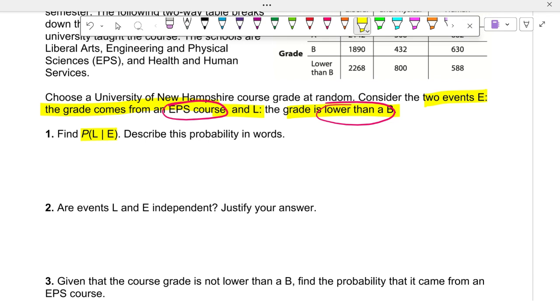So we know for a fact that they took an engineering and physical science course. So what's the probability that they got a grade lower than a B?